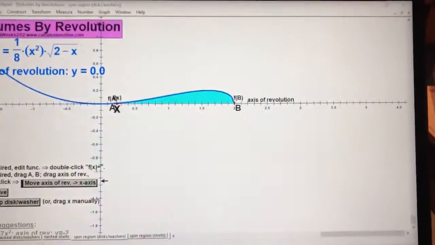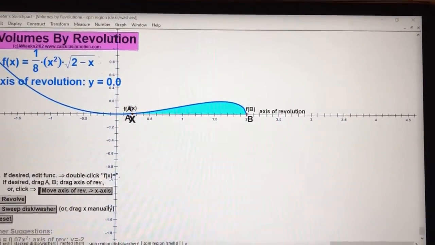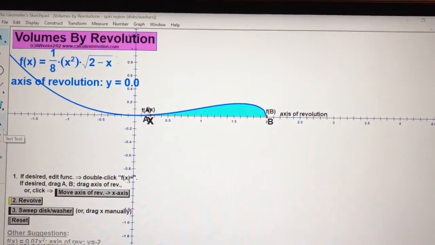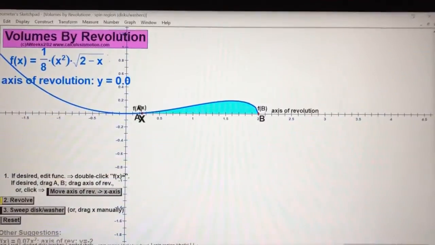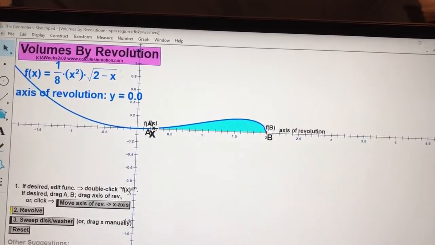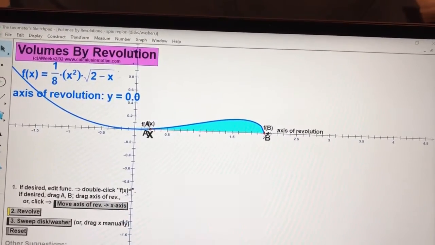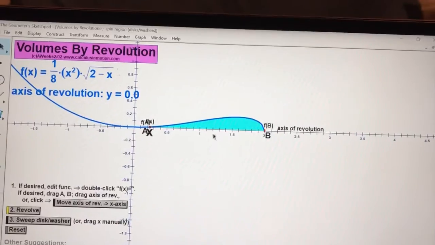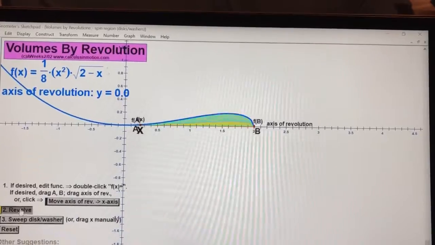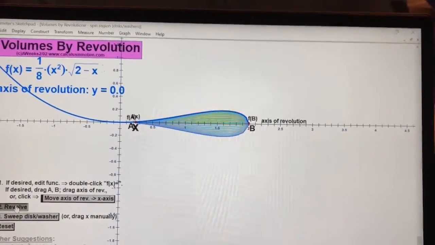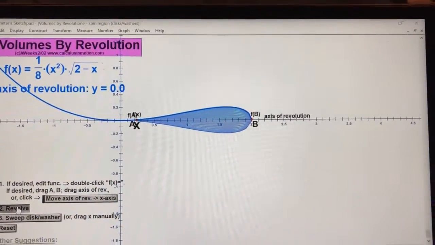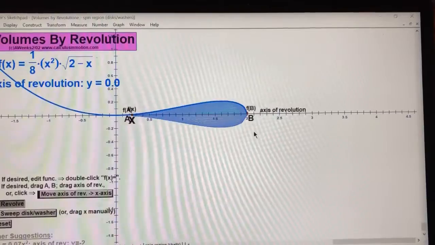There we go. So here we have f of x equals 1/8 times x squared times the square root of 2 minus x. Not a major thing that you know the equation of that, but notice the figure that I've got. So I'm going to revolve from this point to this point, from my a to my b value, and we again revolve that around the x-axis very quickly. So as I revolve that, and it fills in there, again, I want you to think about your eyes being on the x-axis, out here to about 3.